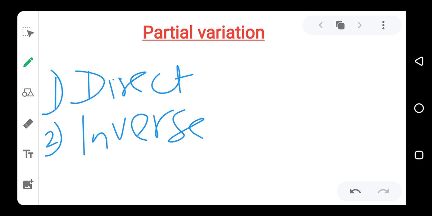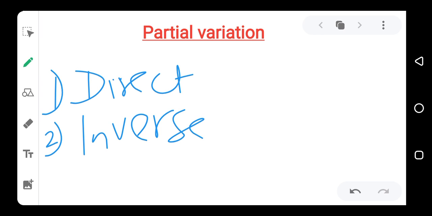That is, when the first one is increasing, the second one will be reducing. And when the first one is reducing, the second one will be increasing. So they go opposite to each other. That is for inverse or indirect variation. And in inverse variation, just like in direct variation, it always involves just two quantities.